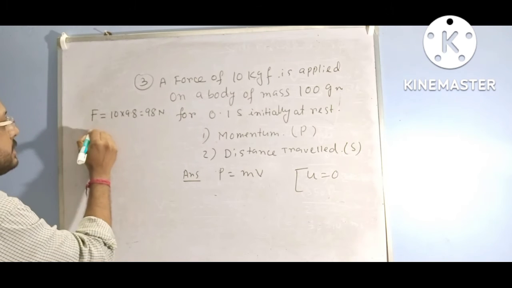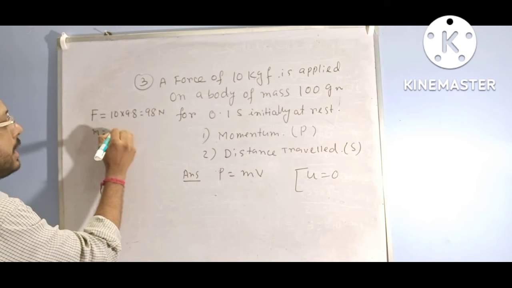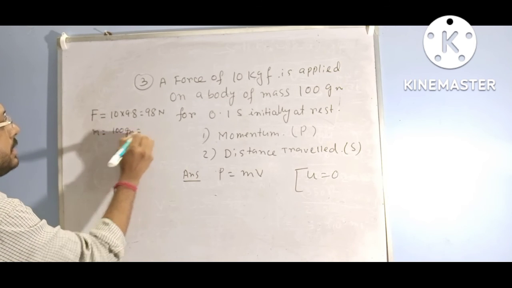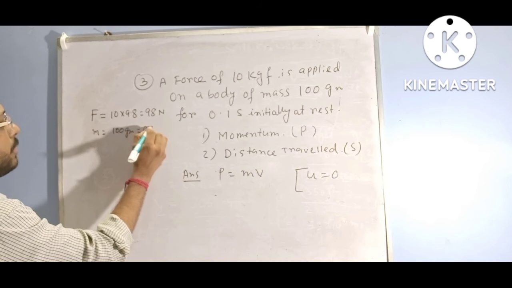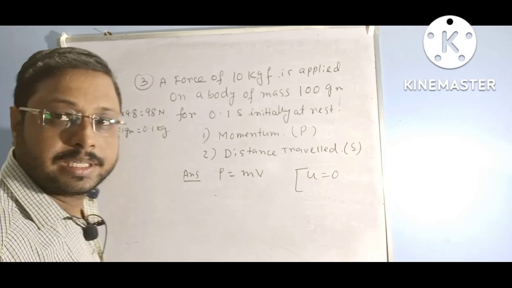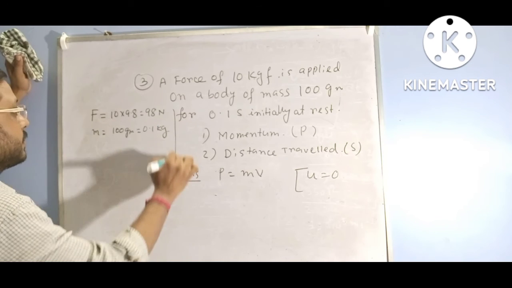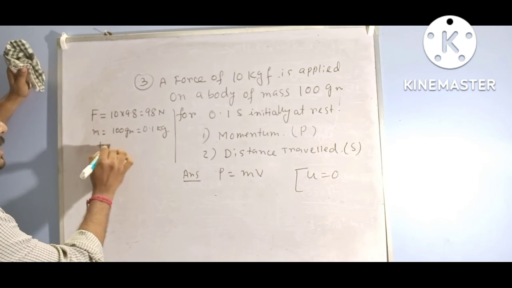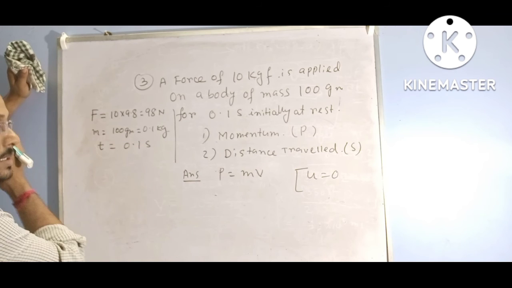We know mass m equal to 100 gram, that is 100 by 1000, 0.1 kg, and T equal to 0.1 s.